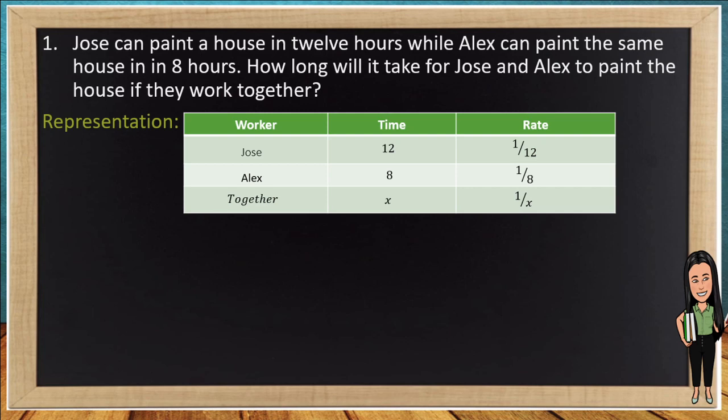In this specific example, the rates will be added, 1 over 12 plus 1 over 8, and it will be equal to the rate if they will do the task together. Yan yung work equation natin.